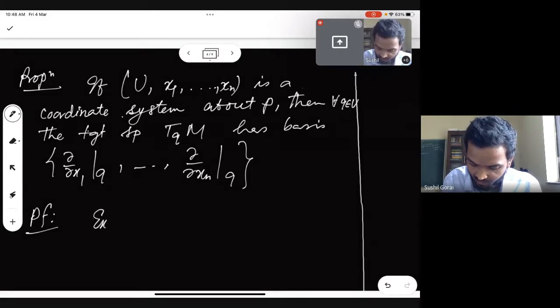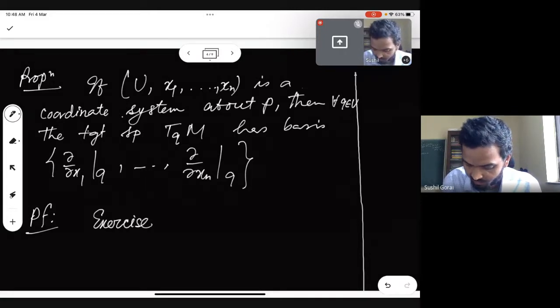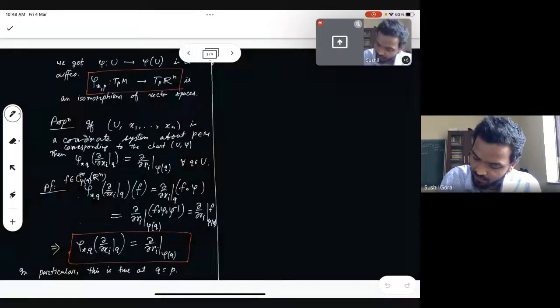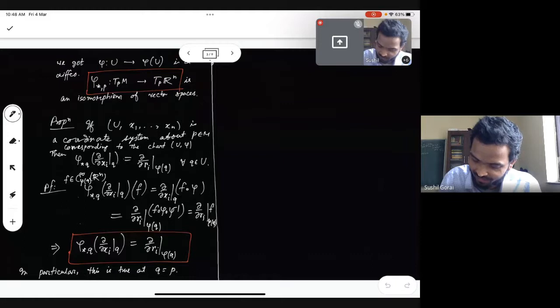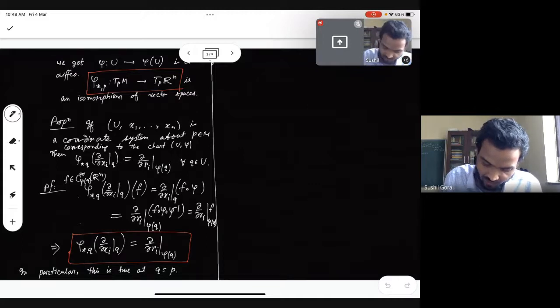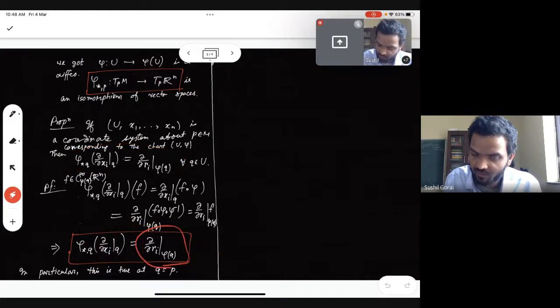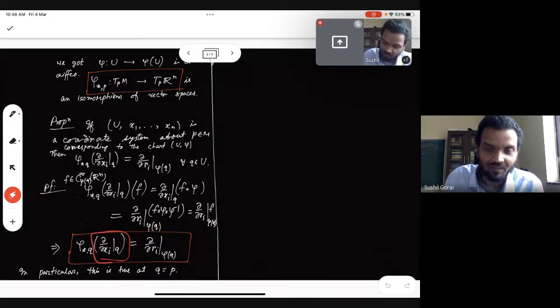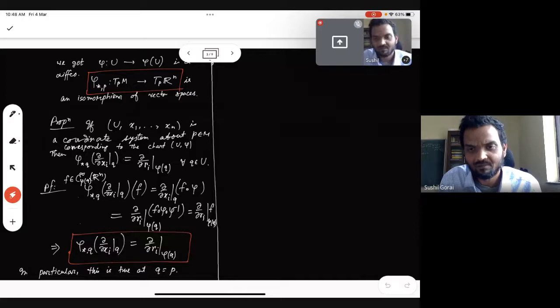So corresponding to this proposition, phi is a diffeomorphism, and then you get a basis, so the pre-image is also going to have a basis, right?